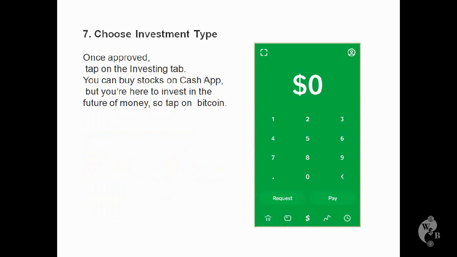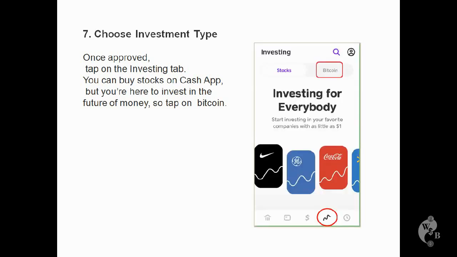Okay, so next, once that part takes place and you get that confirmation back, we want to come back to our Cash App screen, and this time we're going to click on the little squiggly line, which is your investments. Okay, so once you see this screen, the first one to appear will say stocks, but you want to slide that bar over to where you see the Bitcoin.